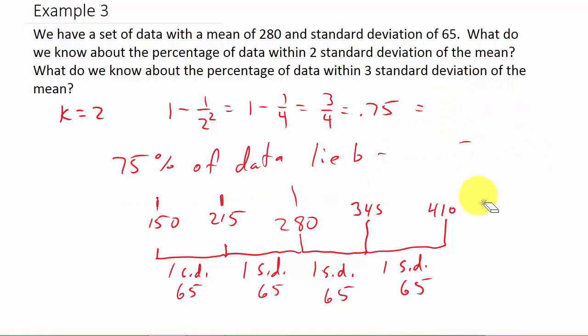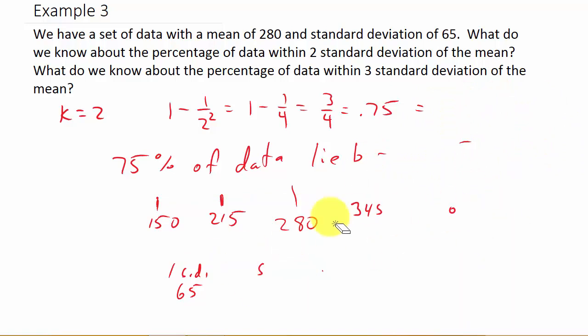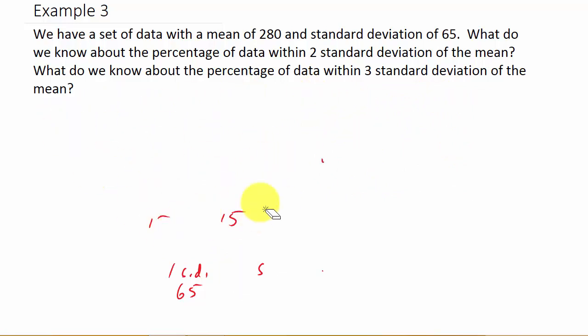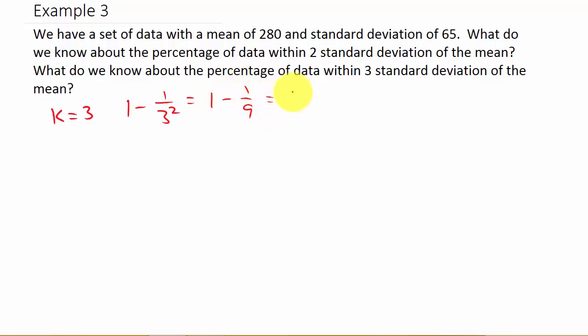All right, well, let's look at 3 standard deviations. What can we say about that? We can say what percentage of the data lie within 3 standard deviations of the mean. We could go back to that table and look, or we can say, okay, k is 3. So 1 minus 1 over 3 squared is equal to 1 minus 1/9, which is equal to 8/9.